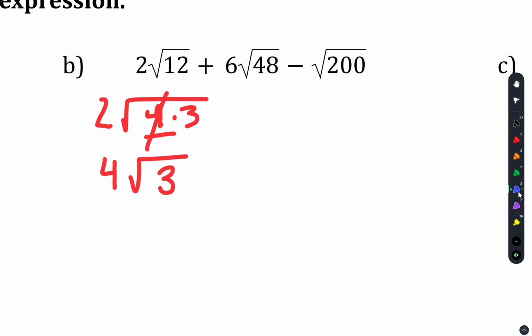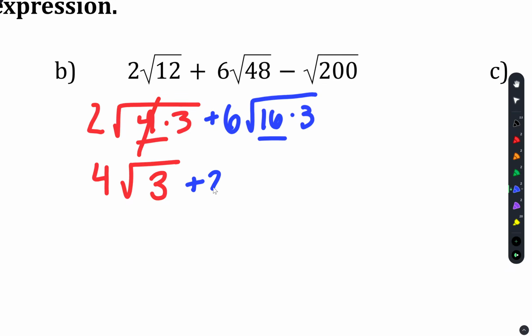Okay, I've got a plus 6 radical 48. What can I break that down into? 16 and 3. 16 is the perfect square. I square root it. It becomes a 4. But there's already a 6 out there. So that's 24. That goes away. I'm left with a 3.